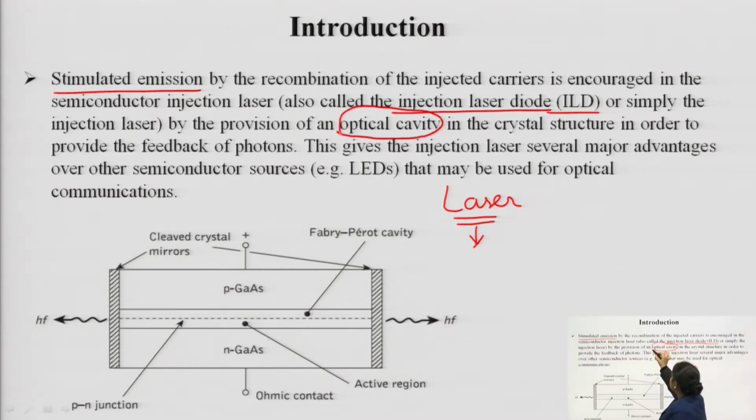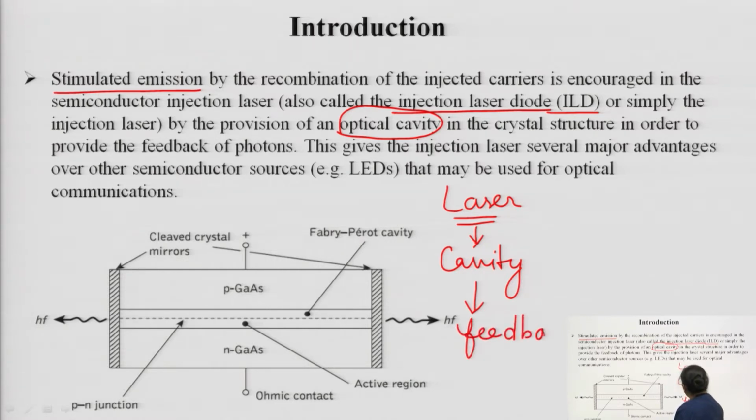So, in this particular laser diode, what do we have? We have a cavity in the crystal structure. Why is this cavity inserted in the injection laser? For the purpose of feedback. Feedback of what?